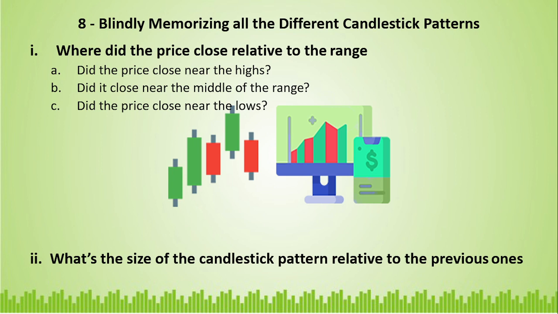On the other hand, let's say you have another hammer that has formed which is 2 to 3 times larger than the preceding candlestick. This tells you that this is a clear and strong price rejection, and there is conviction behind this move. That's how you read the candlestick pattern. You want to analyze the size of a pattern relative to earlier candlesticks as well. That's it for the video.